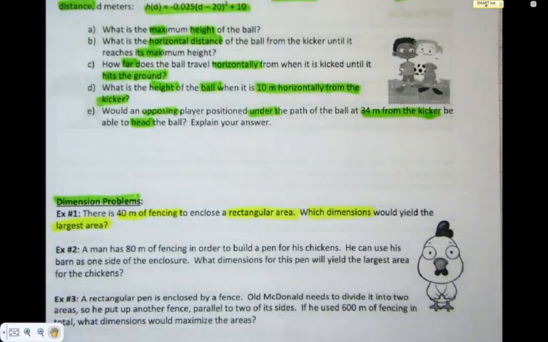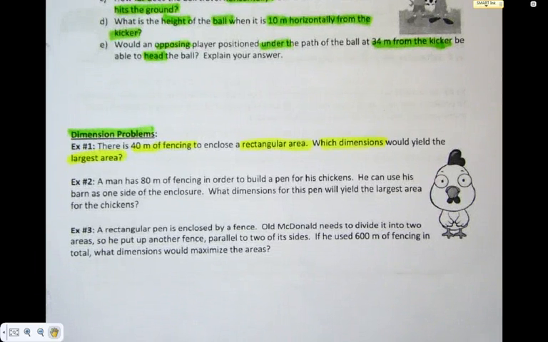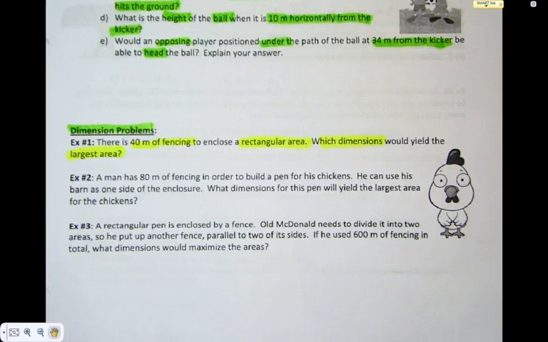Okay, number 2. Lots of words in there. Read it. What's it about? Fencing, and you might have got chickens. That's all you need on the first pass through. Now let's dissect it.